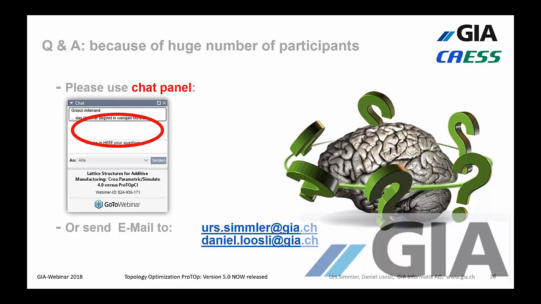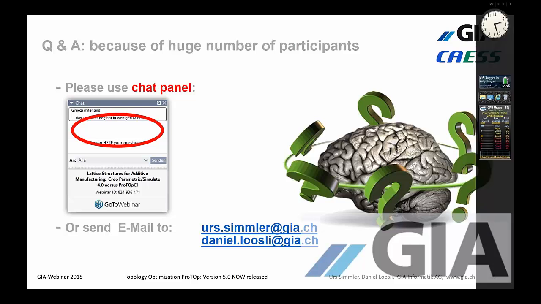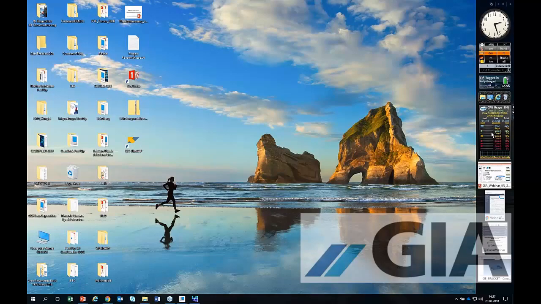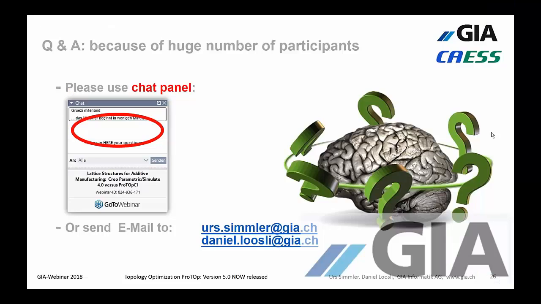Another question: how many parallel cores can the software use efficiently? I would say my computer here includes 8 cores, as we can see right now, and they really can be used efficiently.